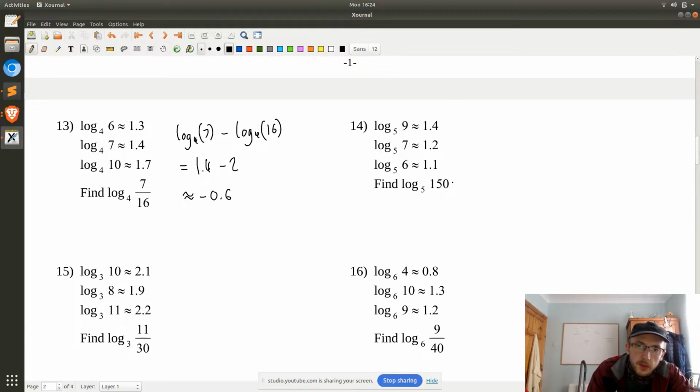Log base 5 of 150. 2 times 3 times 5 squared.